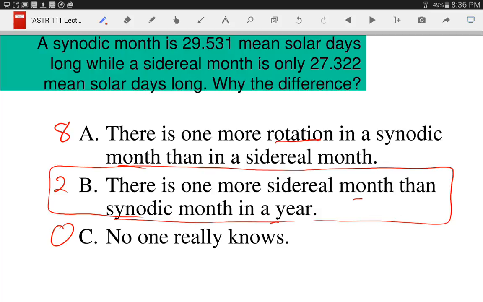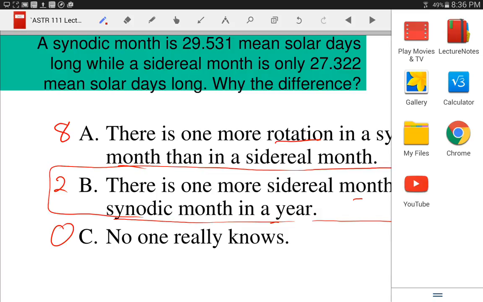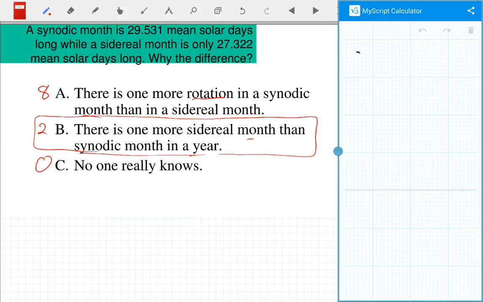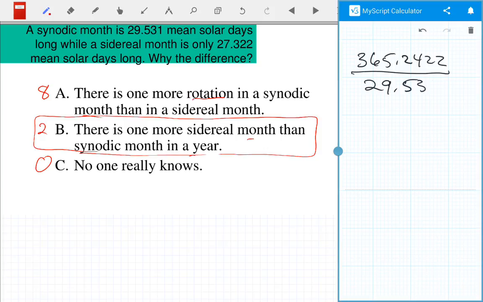Well, if you break it down, if you take the 29.531, I have to go to my calculator so I can give you the answer. I got to start over because I can't write. 365.2422 divided by 29.531.